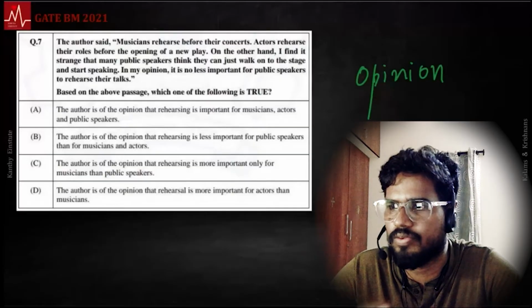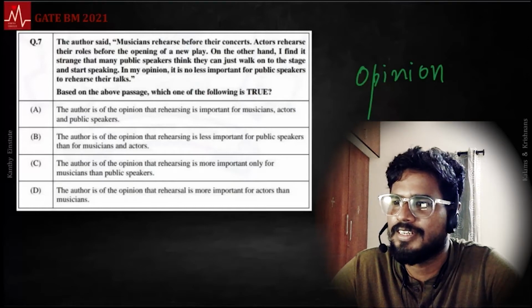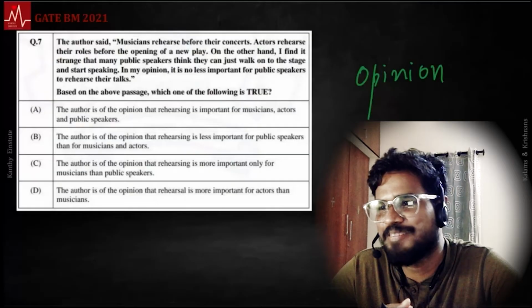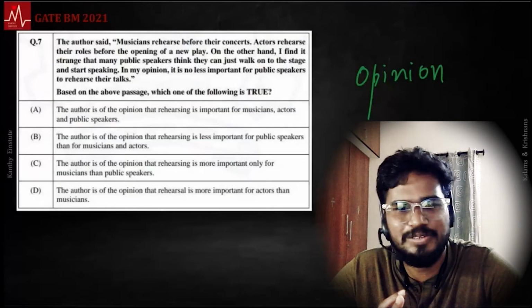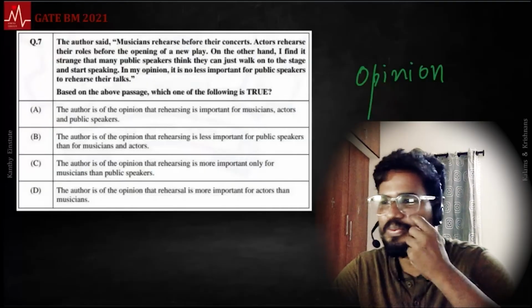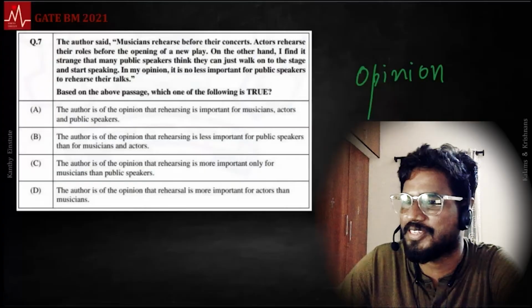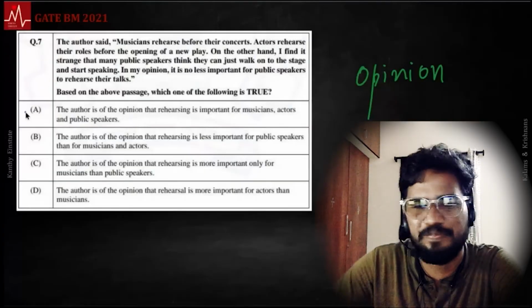Actors rehearse their role before opening day of a play. On the other hand, I find it strange that teachers think they can just walk into the class and start teaching. In my opinion, it's no less important for public speakers to rehearse their talks. How dare they do it? No, no, no. So what he's trying to say is that it's equally important for everyone. Musicians, actors, public speakers, teachers. Fine.